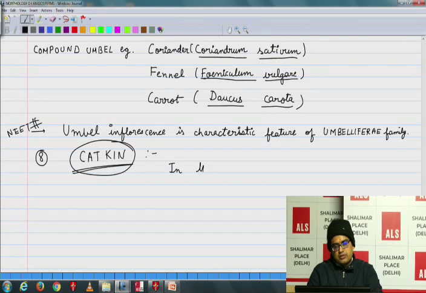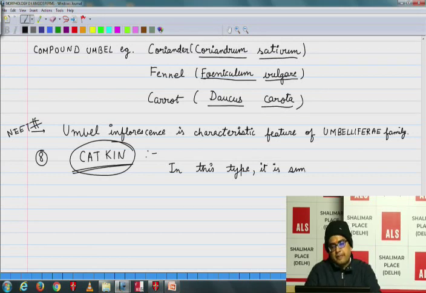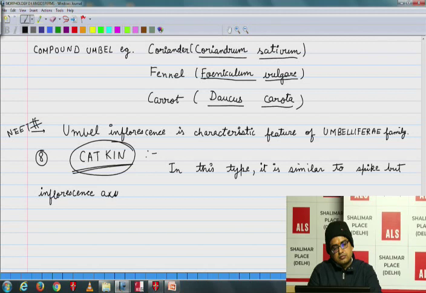In this type of inflorescence, it is similar to spike, but the inflorescence axis is weak, so flowers hang downwards.